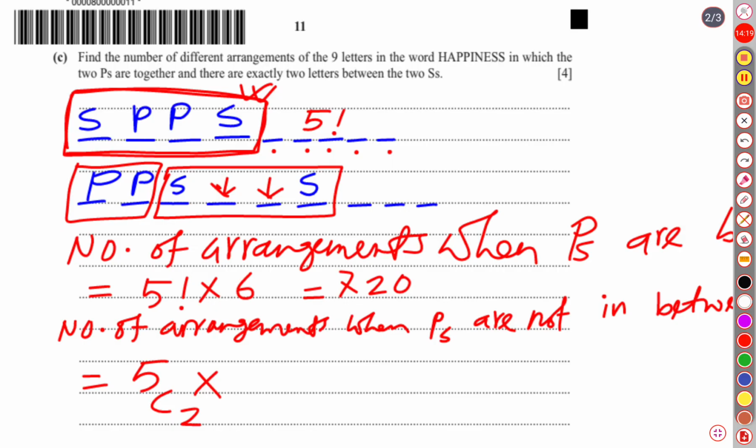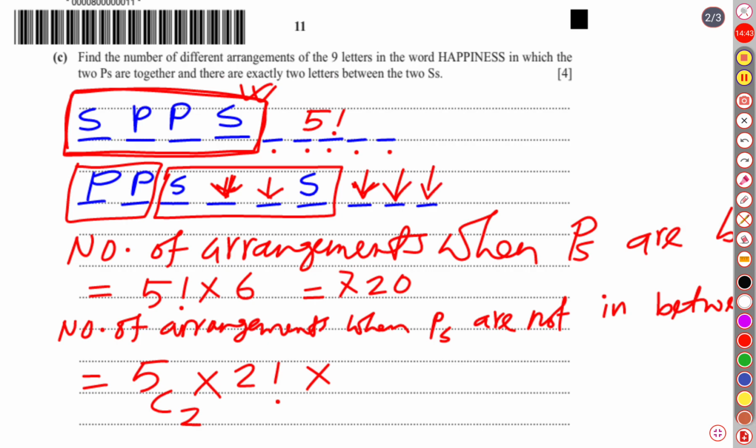Look at this. In between these inner letters, these 2 letters can interchange their position in 2 factorial ways. Then how many different ways are still remaining? Here there will be 1, 2 as well as 3 ways.